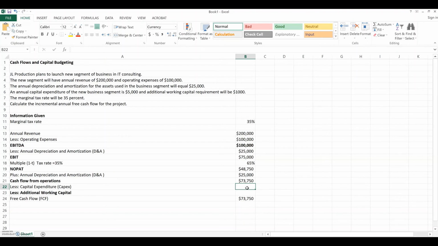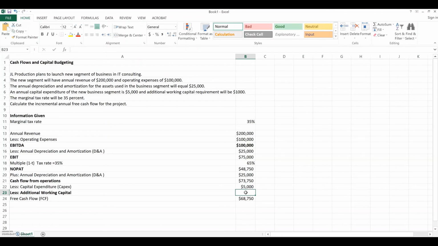Put differently, CapEx is any type of expense that a company capitalizes or shows on its balance sheet as an investment rather than on its income statement as an expenditure. Here they have mentioned the amount of capital expenditure is $5,000, so we have to enter that.